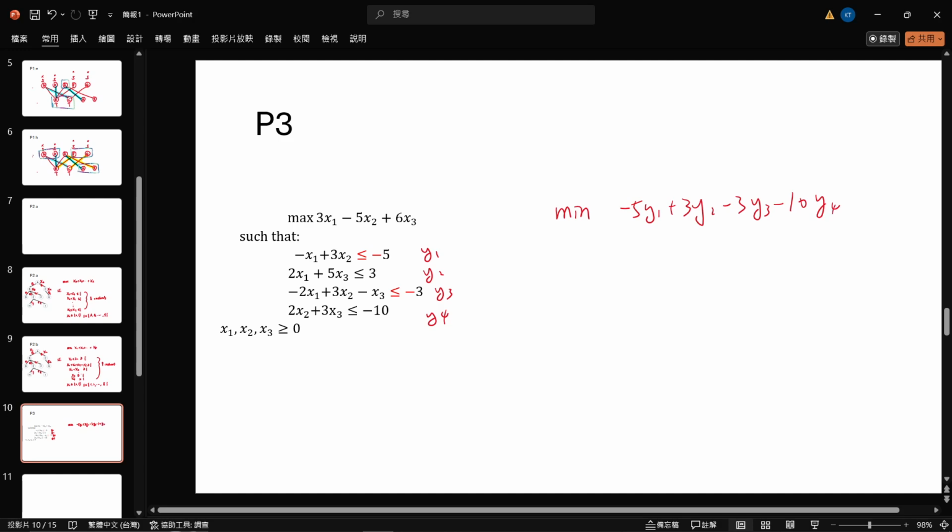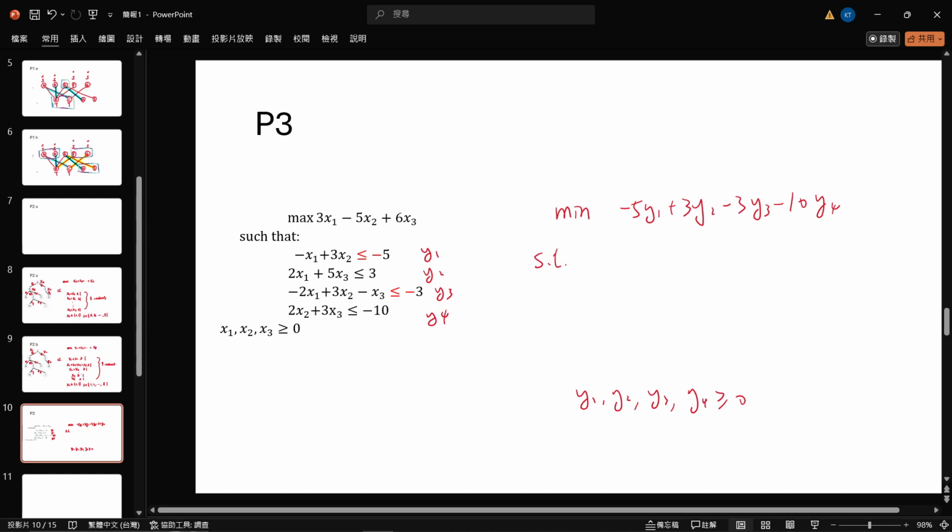Okay? So this is the dual variable. And also all the variables are non-negative. Okay.